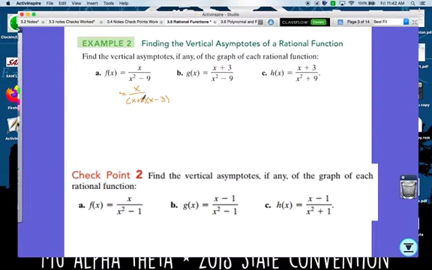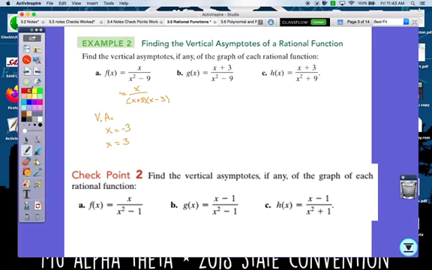And we don't have just a single x by itself because the x's are inside these factors. Nothing cancels out. So if you set both of those equal to 0, your vertical asymptotes, which I'm going to abbreviate as VA, is going to be x is equal to negative 3 and x is equal to positive 3.